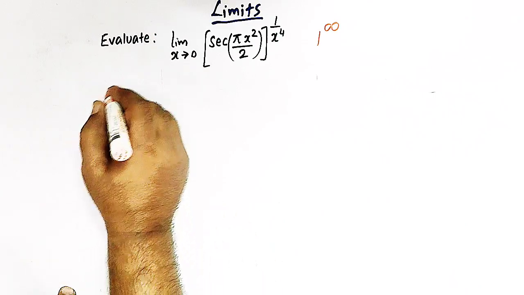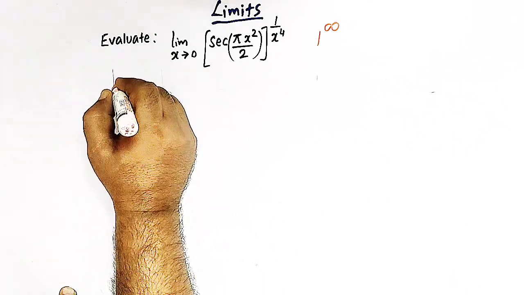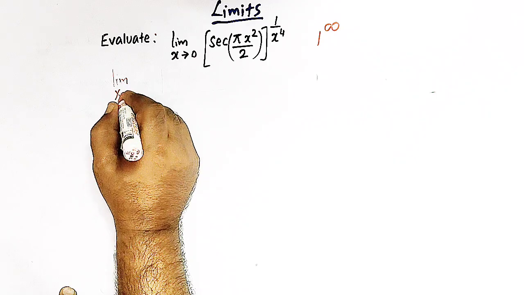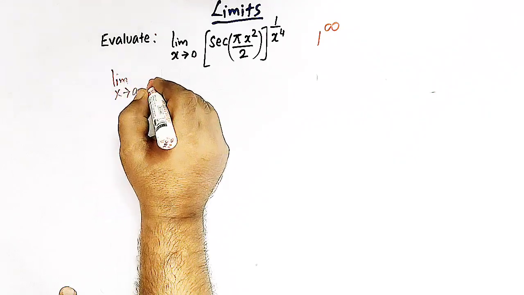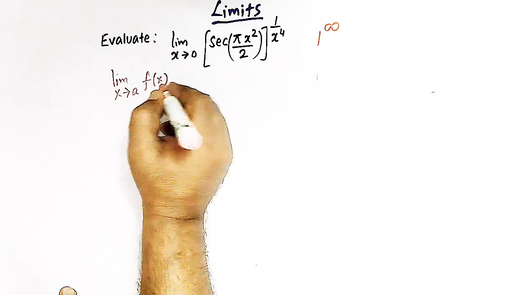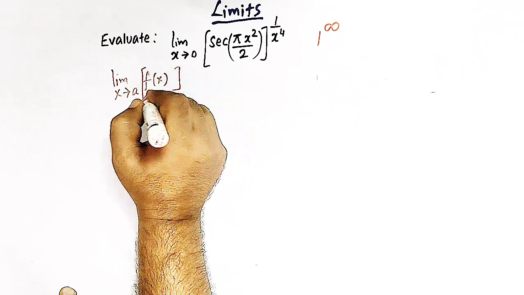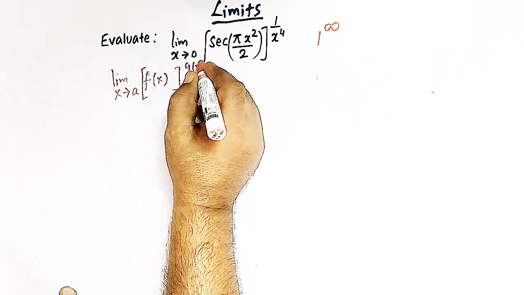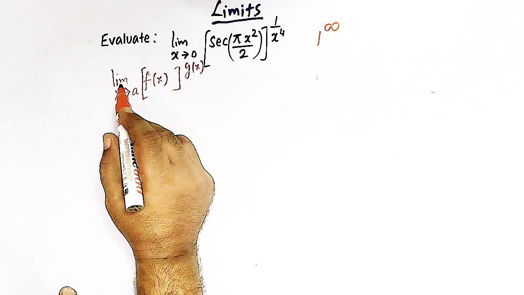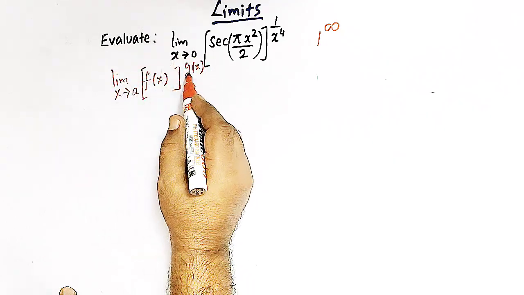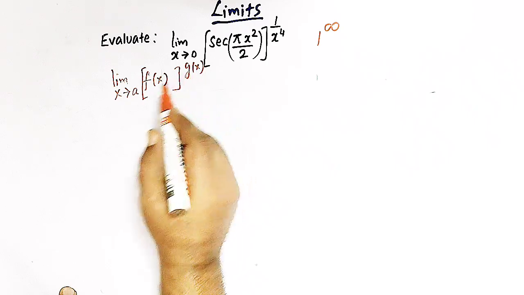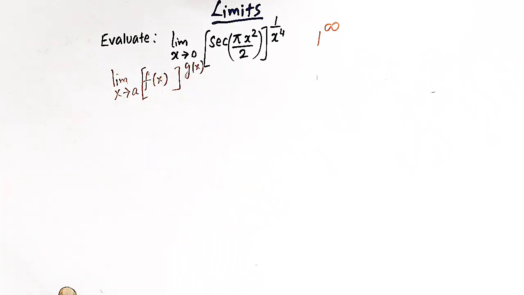So let us consider the limit, x tends to a, and consider two functions, say f of x and g of x. Here we have the limit of this form, that is f of x raised to g of x when x tends to a.